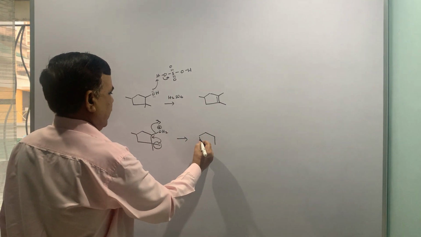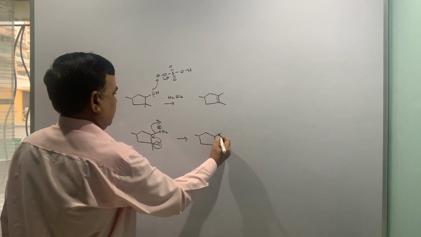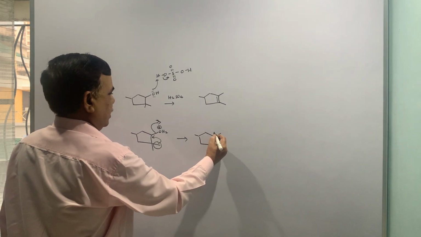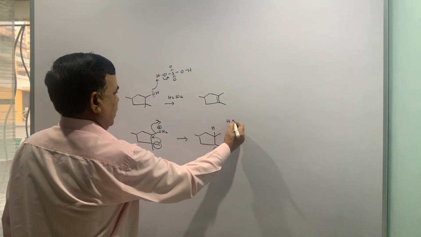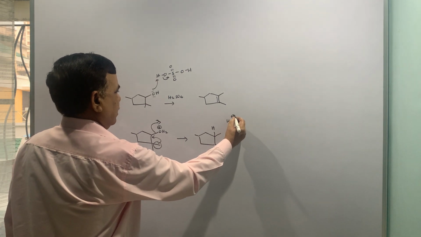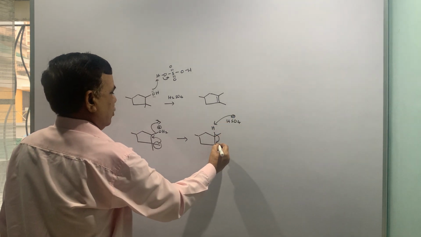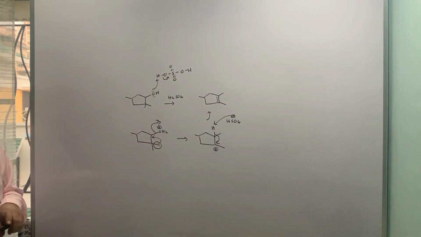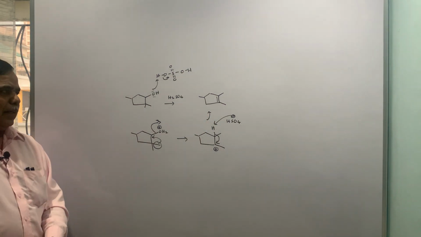So you will be having this turn positive, and then a conjugate base, that is HSO4 minus ion, will abstract the proton, and that is how you get the product which is given over there.